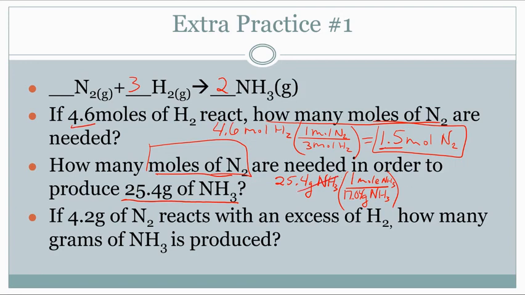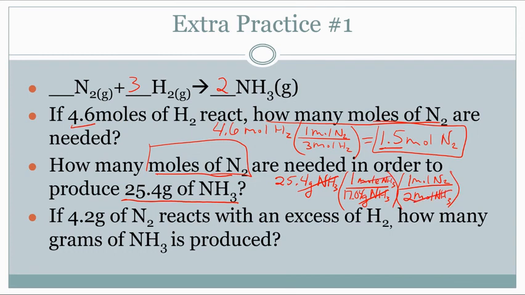Okay, grams NH3 cancel. And then I'm going to go from moles of NH3, and I'm looking at moles of N2. Well, for every 1 mole of N2, I have 2 moles of NH3. Moles NH3 cancel.